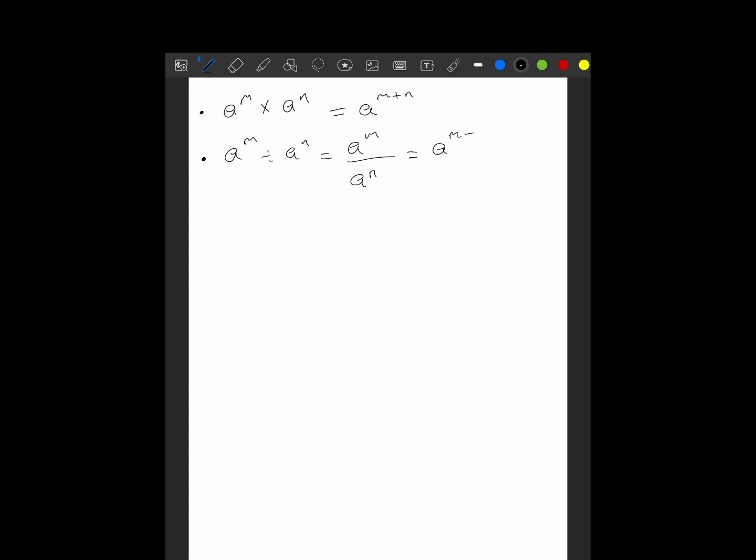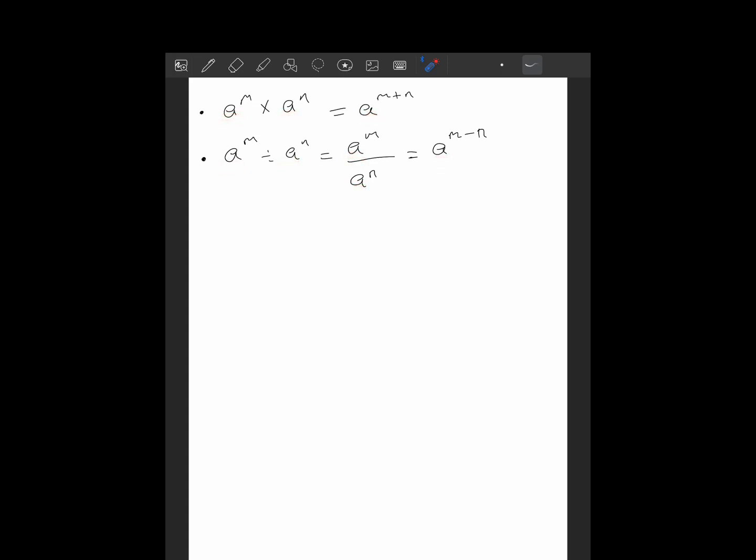So it's going to be m minus n. You start with this one minus that one. If you divide, you minus. If you multiply, you add the exponent, provided that bases are the same.